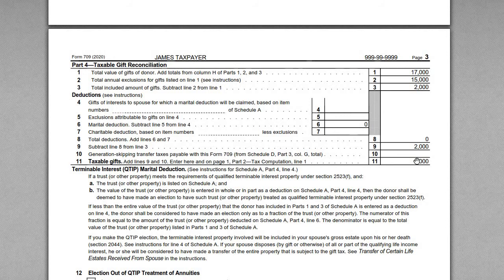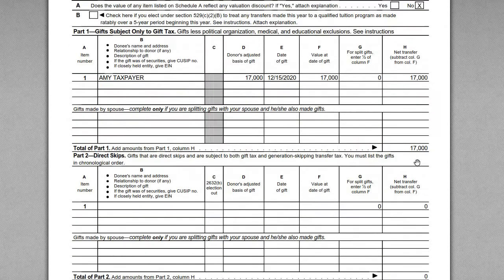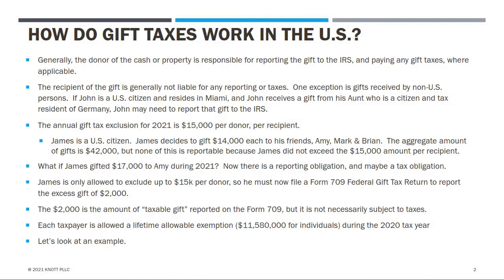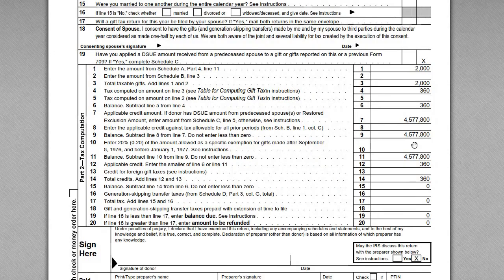So now that we have $2,000 of taxable gifts, we scroll back up to page 1, and this is where it makes a little more sense as to why the donor is the one filing this, right? So the donor, remember, if we looked back at the slide, individual taxpayers are allowed an $11.58 million lifetime exemption, so they can basically incur gift tax up to those amounts without having to pay anything until their date of death, really.